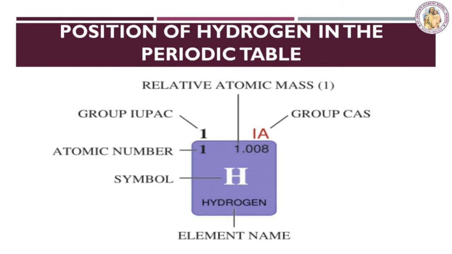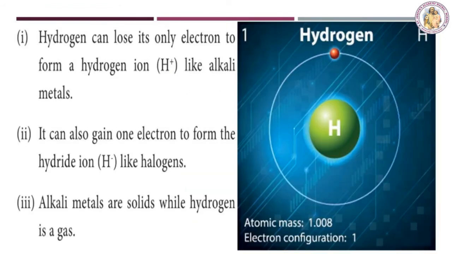Hydrogen behaves like alkali metals as well as halogens in its properties. In the periodic table, hydrogen is placed at the top of the alkali metals. Hydrogen can lose its only electron to form a hydrogen ion like alkali metals.